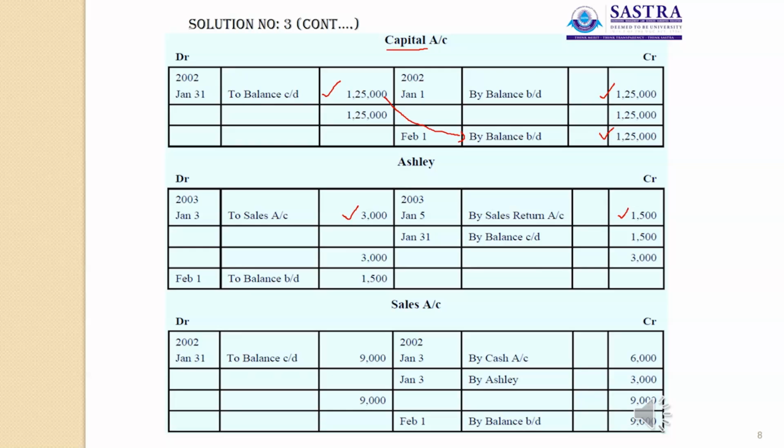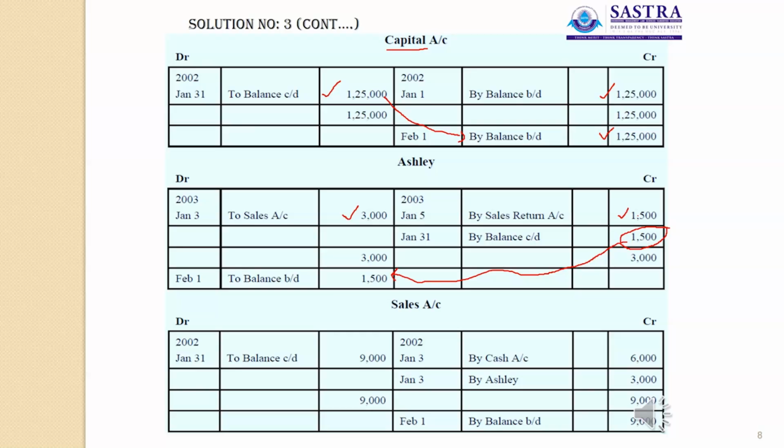So you have to total 3,000. 3,000 minus 1,500, 1,500 is the balancing figure. So the amount receivable from Ashley is 1,500. That is the closing balance, by balance carried down on January 31st. Then this amount was carried forward to the next month, February 1st, rupees 1,500.